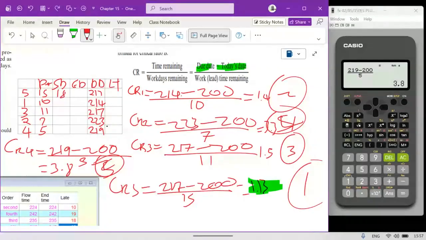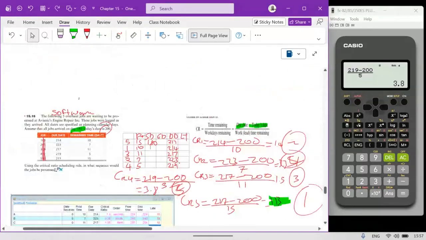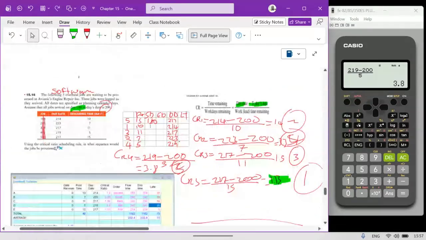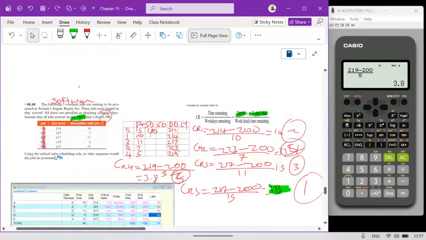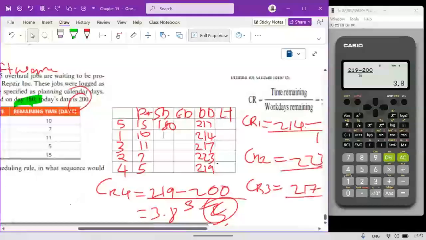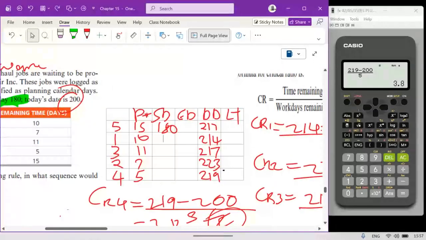The arrival date is 180. Yeah, we use the arrival date as the one that we're working with. Okay, so now, did I have a 10? Yeah, this is a 10.